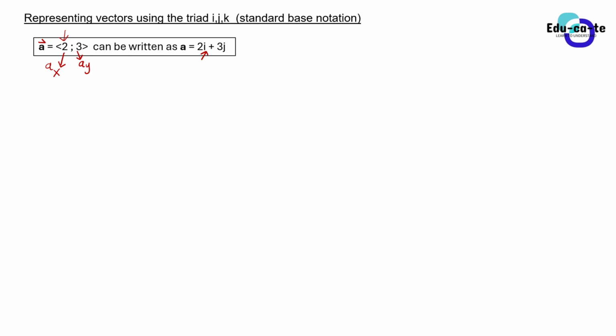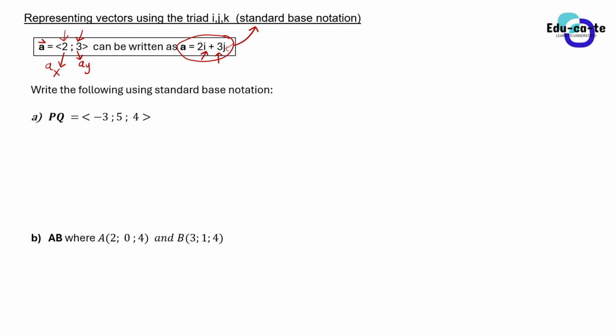This i tells you that you have a component along the x-axis. Then plus 3j. This 3 is the y component of A, and the j tells us that we are along the y-axis. This way of writing a vector is known as the standard base notation, or the triad ijk.